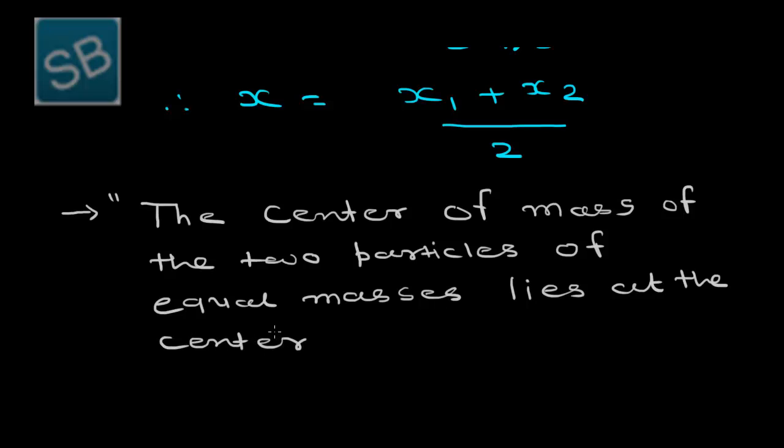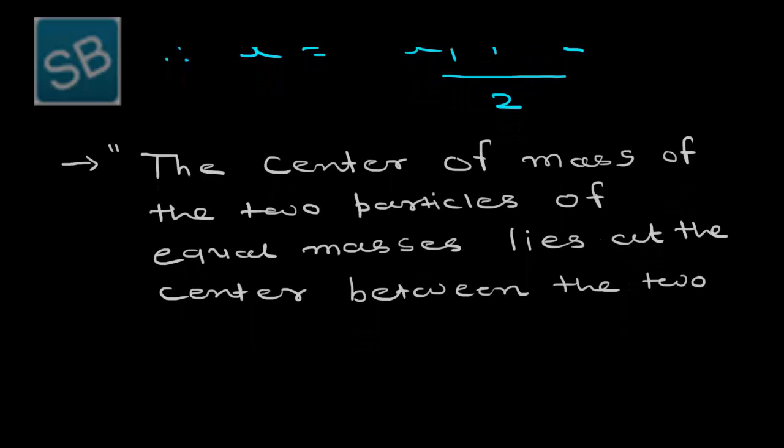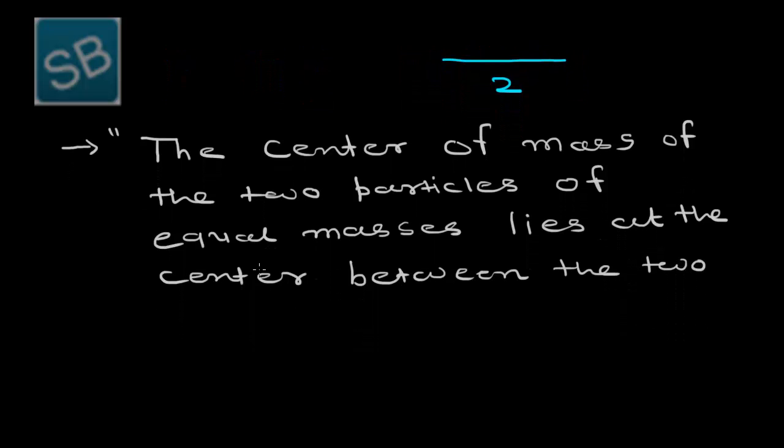Now see, the center means the point C which we have seen in this figure. At the center between the two particles. So the distance we can write as x1 plus x2 by 2, which equation we have obtained.